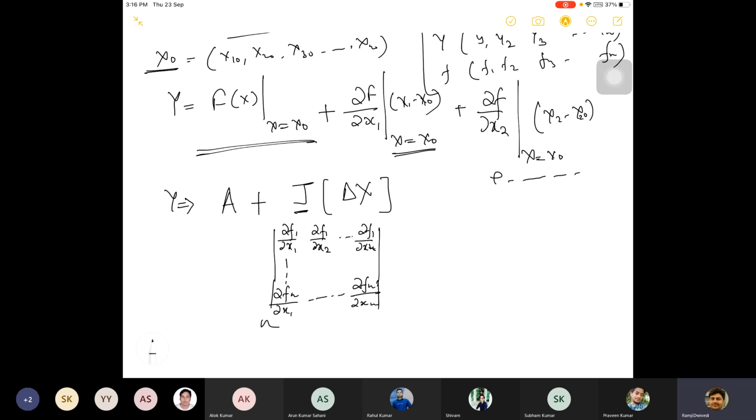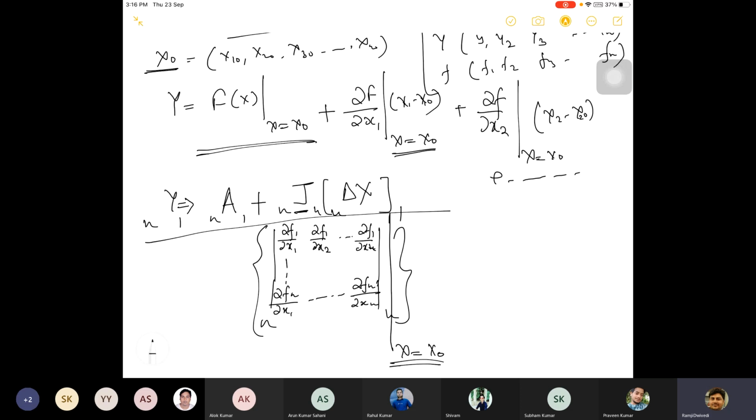So it becomes n cross u. If it is n cross u, delta x is u cross 1, and the result is n cross 1. Everything is fairly easy.